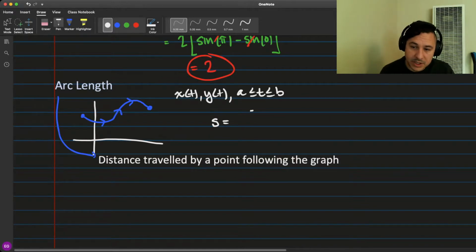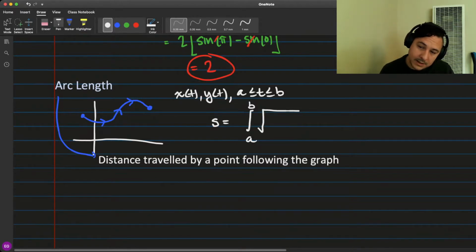You'll use integration to figure this out. You will integrate from a to b. And the formula is a little crazy. You're going to integrate the square root of dx dt squared. So you're going to take the derivative of your x of t and square it.